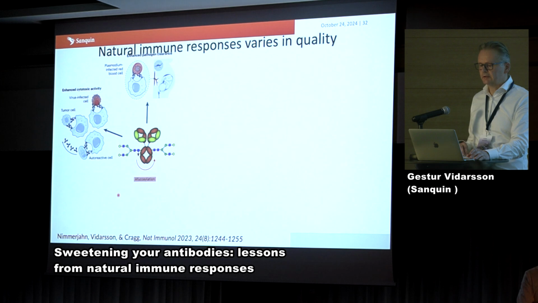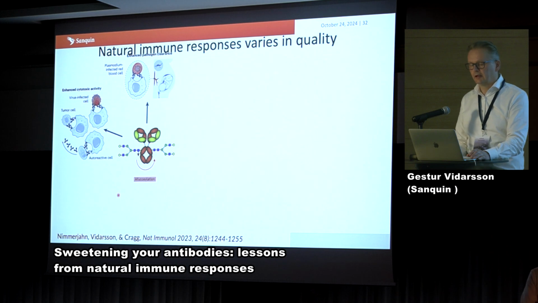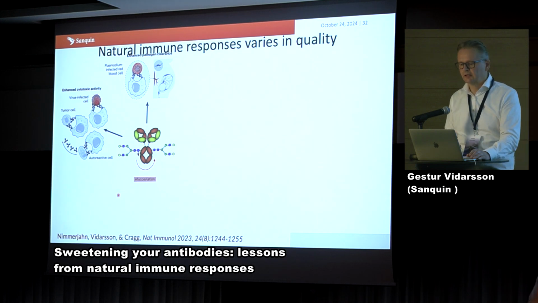So basically summarizing, we think that there are two types of glycans that are really controlling antibody effector functions. And that is, first of all, the fucose. That is a natural thing that we are making in response to enveloped virus infected cells, something that we also make really strongly in malaria infections to infected red cells.